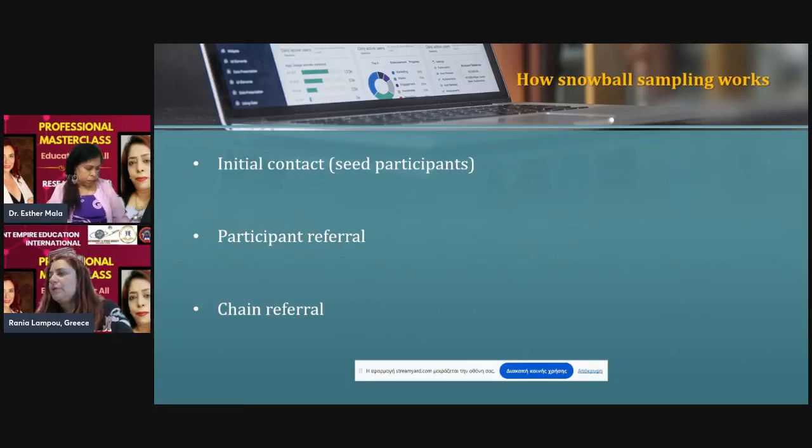Then the participant referral: these initial participants are asked to refer others they know who also fit the study criteria. And the chain referral: each new participant is in turn asked to refer others. So the sample grows like a snowball. This is why it's called snowball. The sample grows like a snowball as each wave of referrals brings in more people.